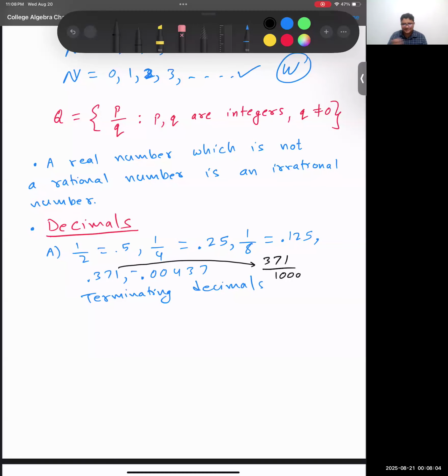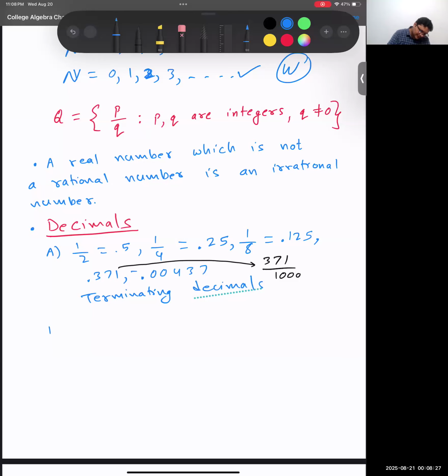As simple as that, just move the decimal by 3 places and divide by 1 followed by that many zeros. So every such decimal can be converted to a fraction, so you can see these numbers are going to be rational numbers.